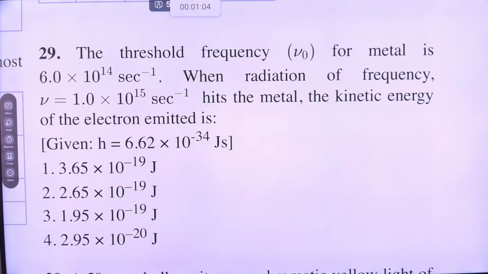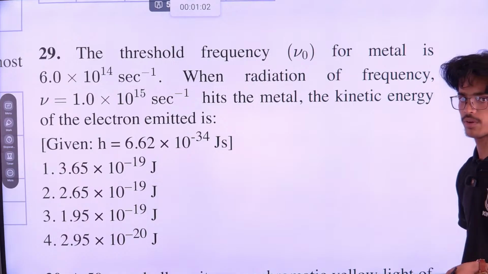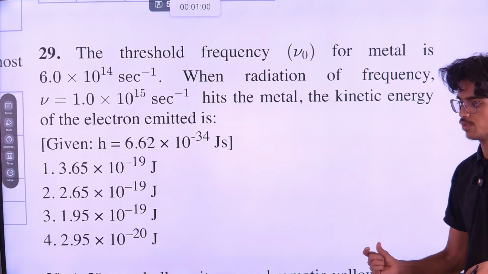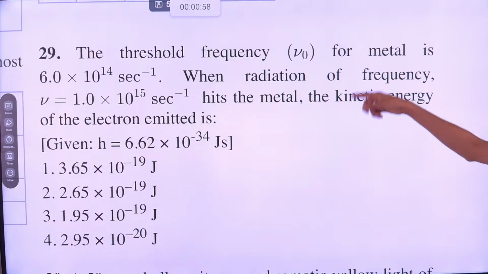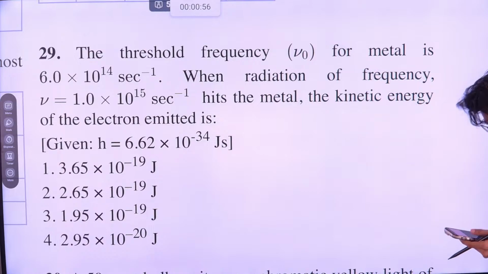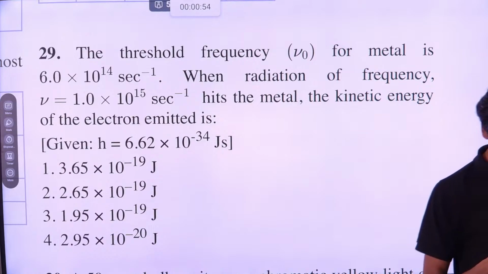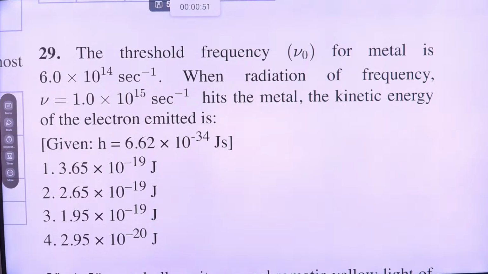I think you have read the formula, right? h nu equals h nu naught plus half m v square. So kinetic energy is equal to h nu minus h nu naught. Both nu and nu naught are given. So Priya, I think you can do it. Gokul, Kanishka, you guys can do it.